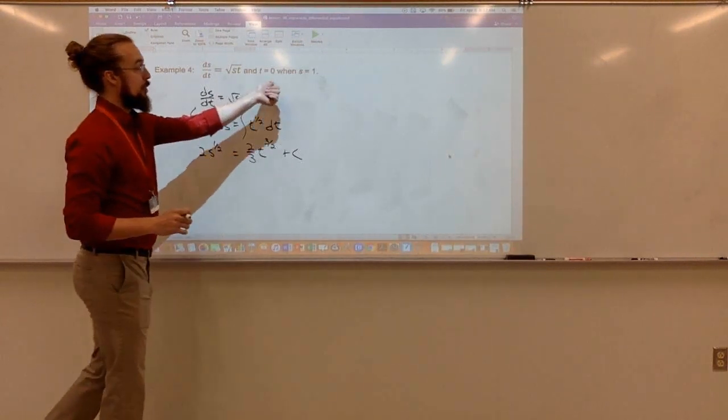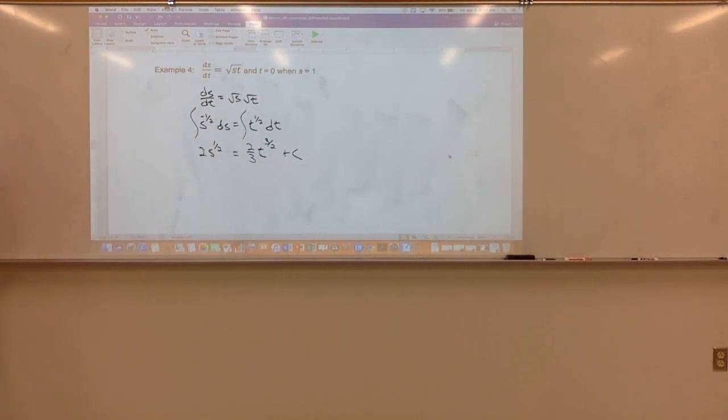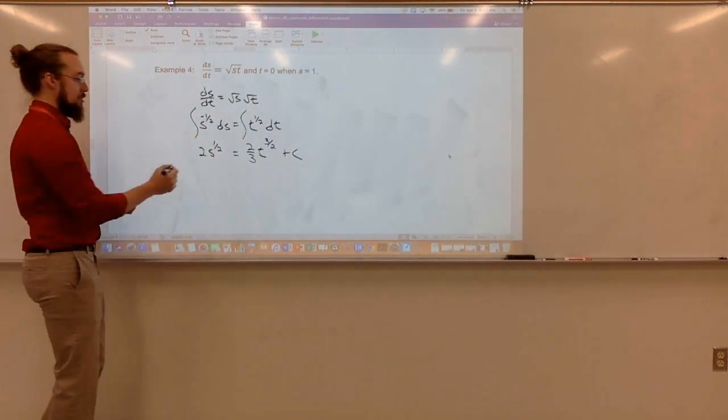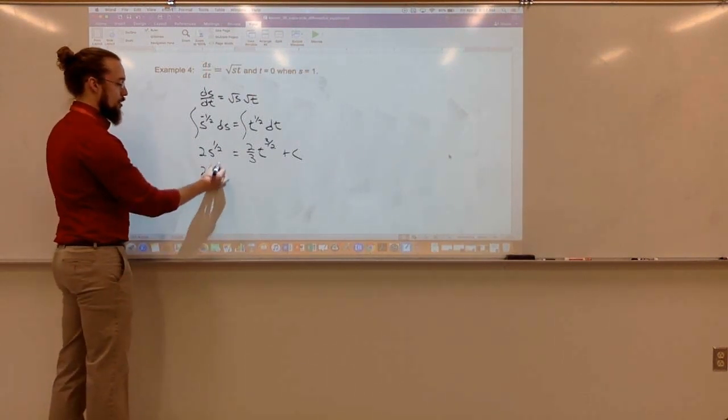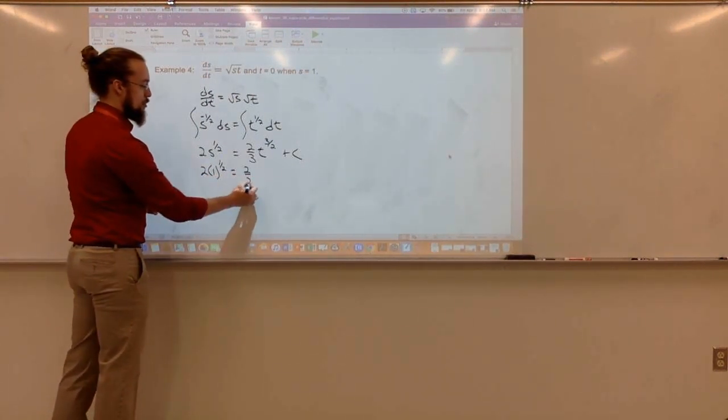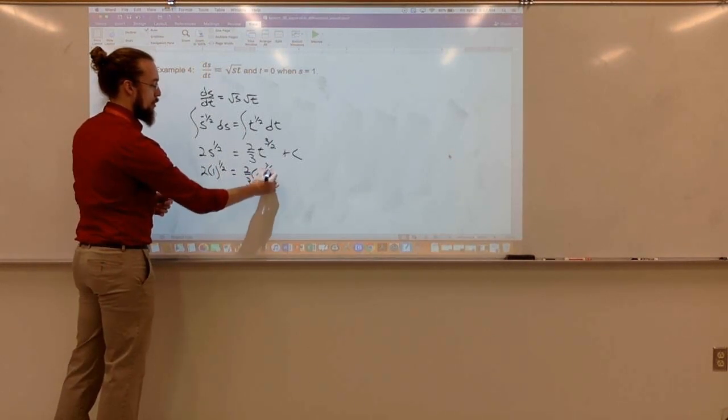So now we can plug in our initial condition, t equals 0 and s equals 1. So 2 times 1 to the 1/2 equals 2/3 times 0 to the 3/2.